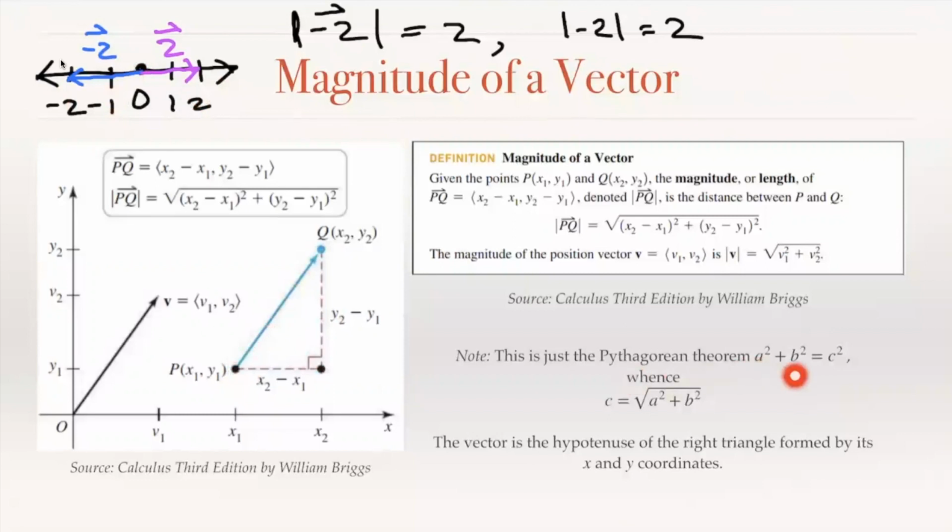The Pythagorean theorem says that if we have a right triangle with side lengths A, B, and C, then A squared plus B squared is C squared, and taking the square root of both sides, this hypotenuse C is the square root of A squared plus B squared. So that's all this definition of the magnitude of a vector is saying. It's the square root of one side of the triangle squared plus the other side of the triangle squared.